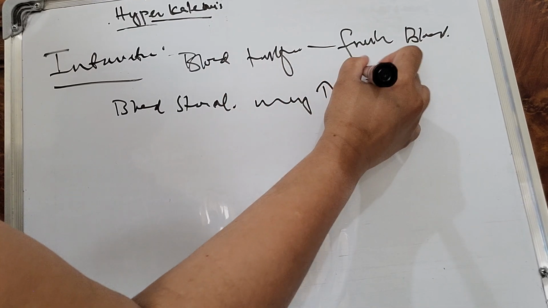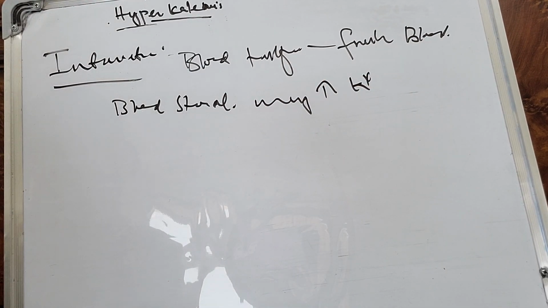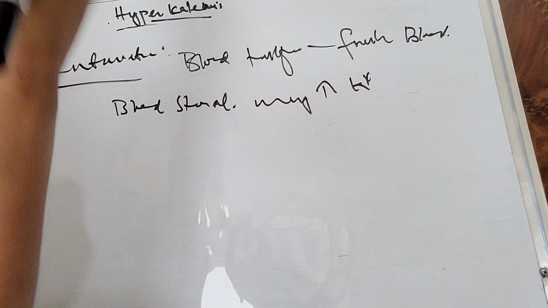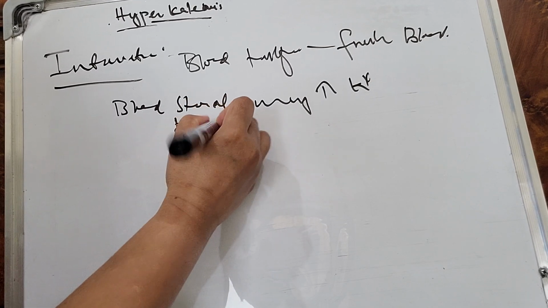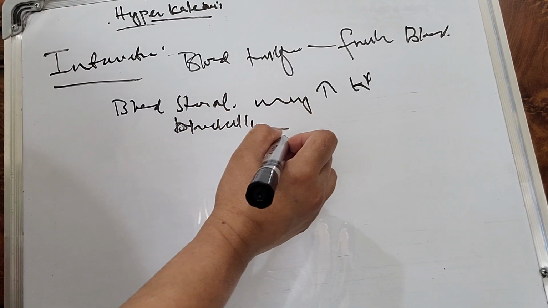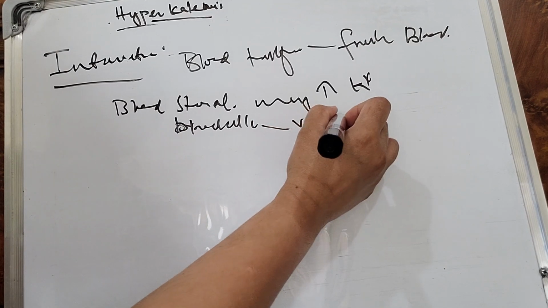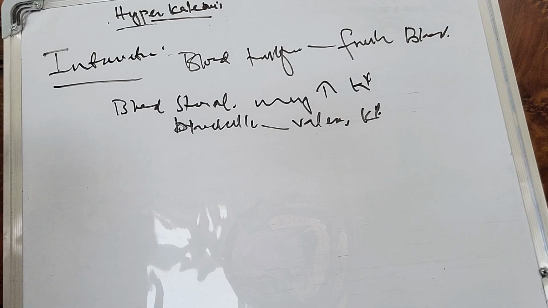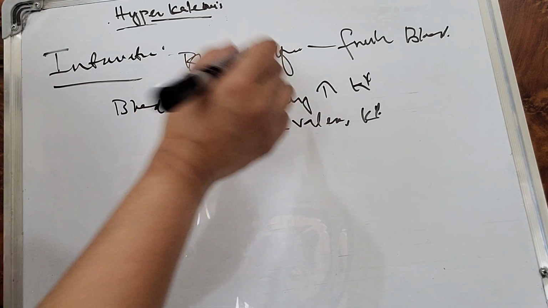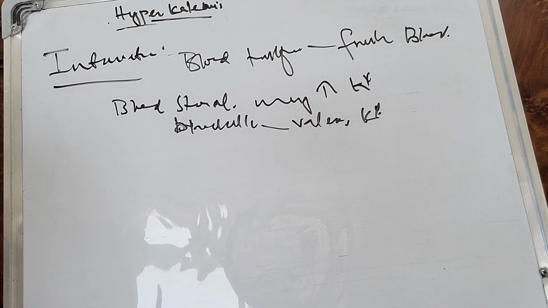Why does it increase potassium? Because the breakdown of older blood cells releases potassium. So try to avoid giving stored blood to the patient. Always give fresh blood.